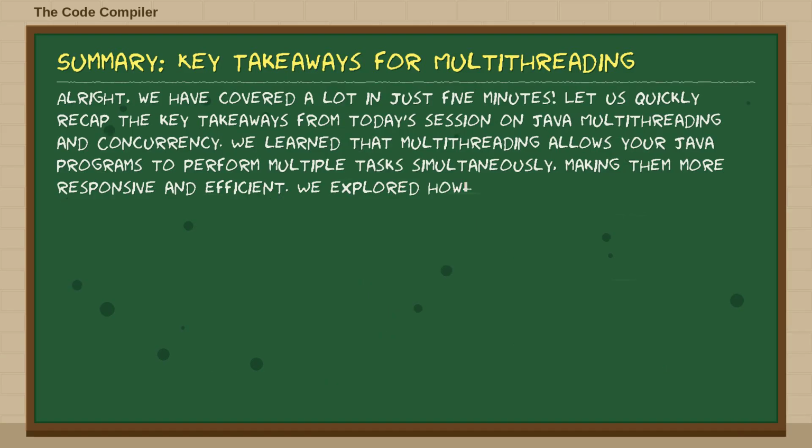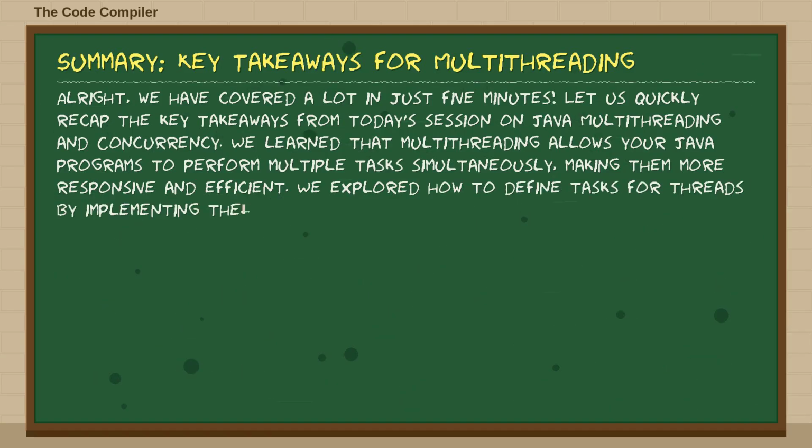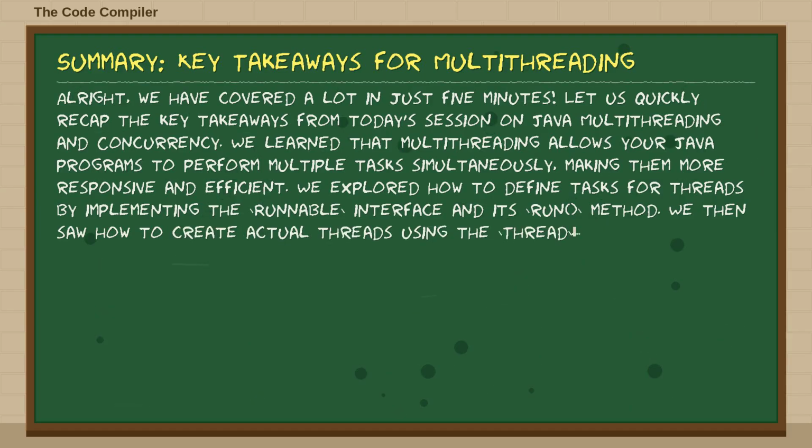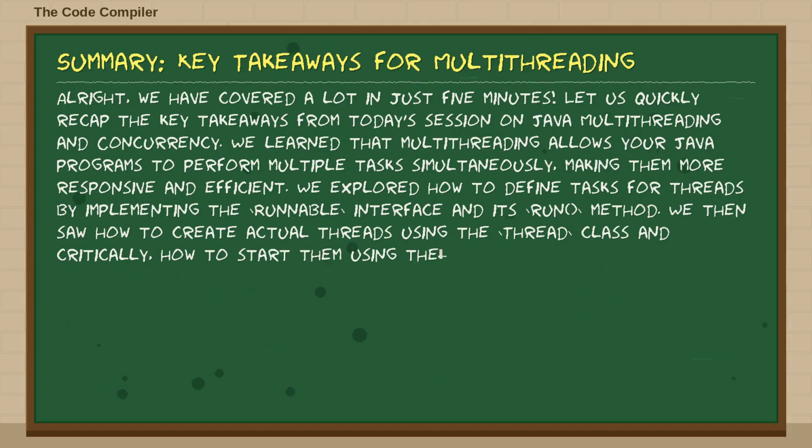We explored how to define tasks for threads by implementing the Runnable interface and its run method. We then saw how to create actual threads using the Thread class and, critically, how to start them using the start method, never run directly.